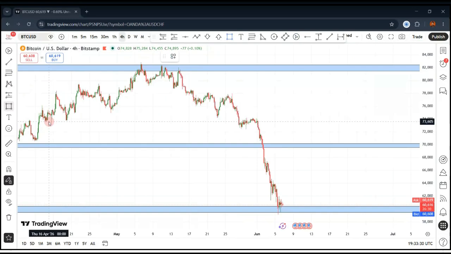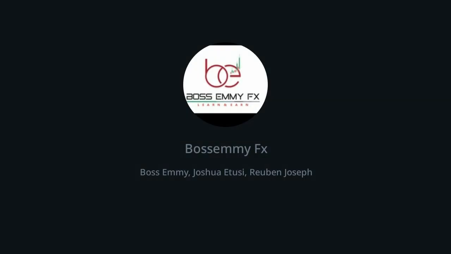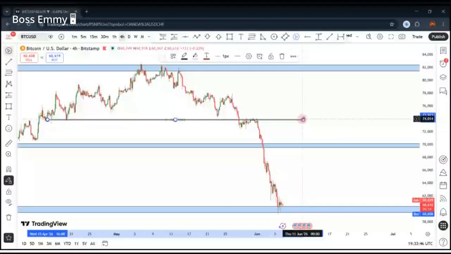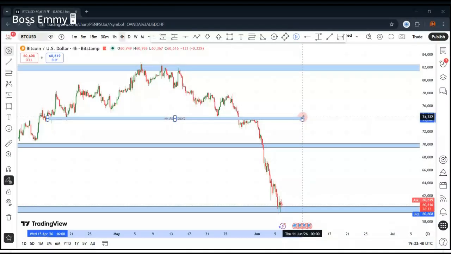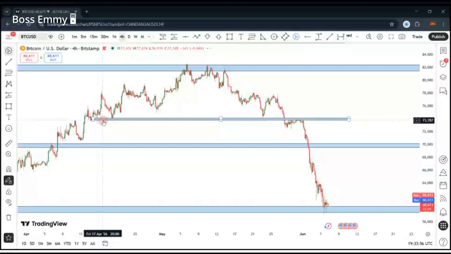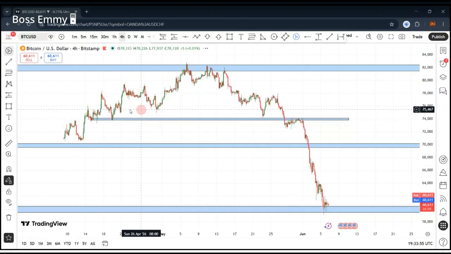You can see this zone where the market reacted. We have support level, support level, support level.